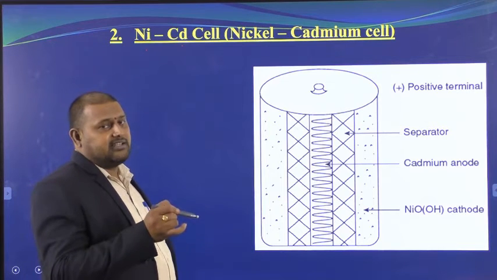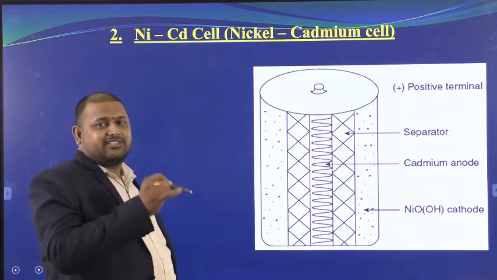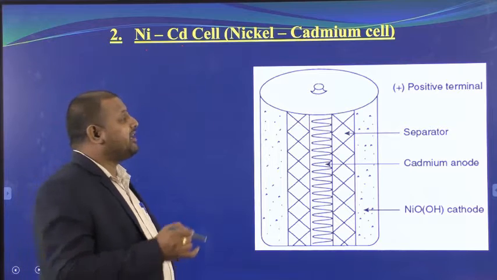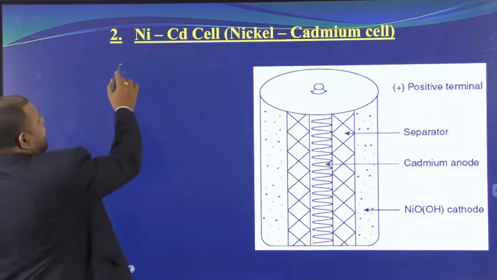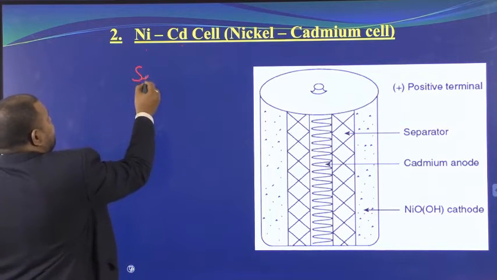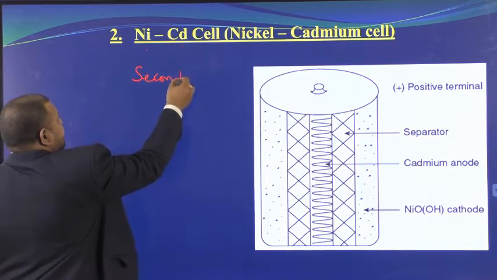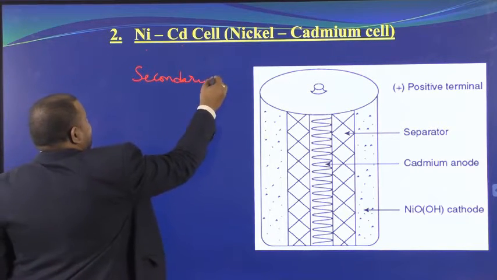Clear? Which is anode, which is cathode. Our first question comes. But here you should remember that the nickel cadmium battery is an example of a secondary battery. So what is a secondary battery?